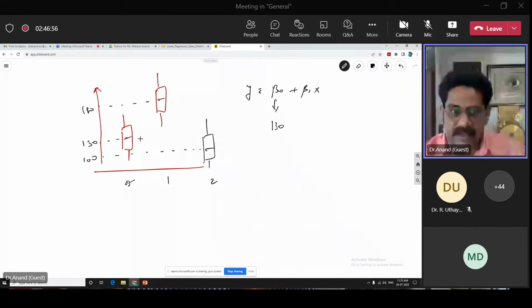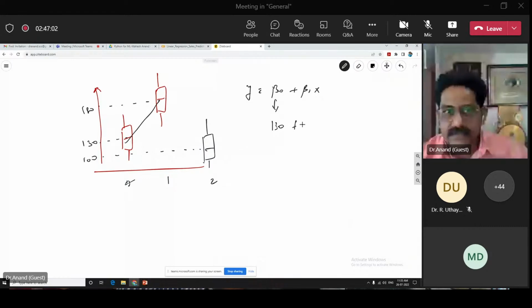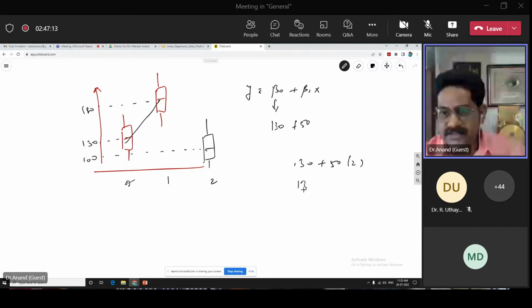When you move from category 0 to category 1, there is an increase of 50, so you fix 50 as the slope. But when you substitute 2, what will happen? 130 plus 50 times 2, 130 plus 100, gives 230. But for this category, my model should predict 100, right? So keeping the labels like this will not work for the linear regressor.